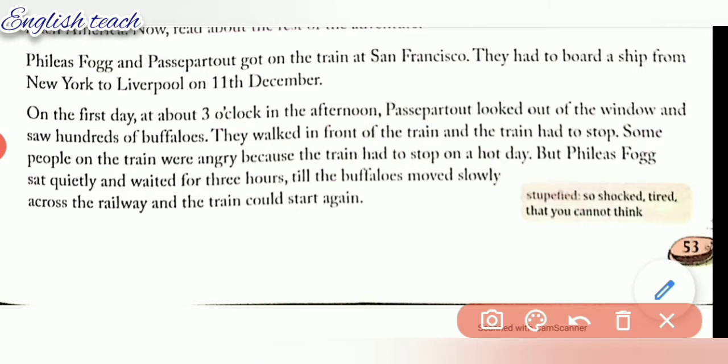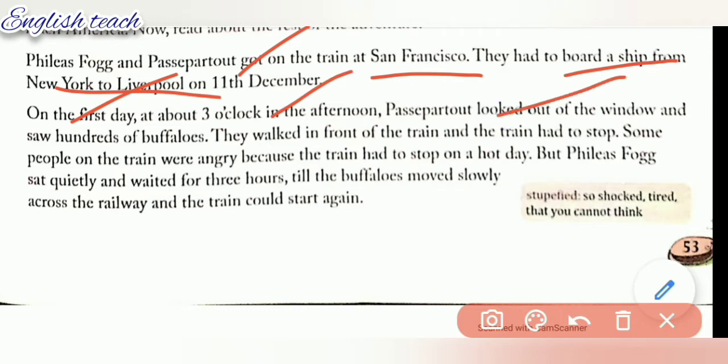Phileas Fogg and Passepartout got on the train at San Francisco. They had to board a ship from New York to Liverpool on 11th December. On the first day at 3 o'clock in the afternoon, Passepartout looked out of the window and saw hundreds of buffaloes. They walked in front of the train, and the train had to stop.